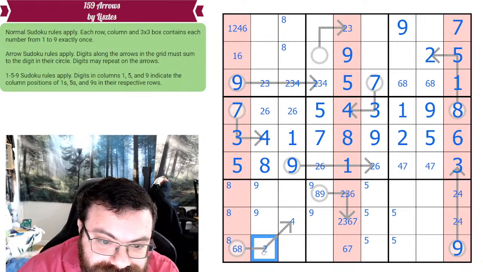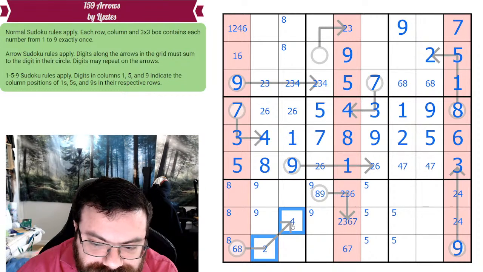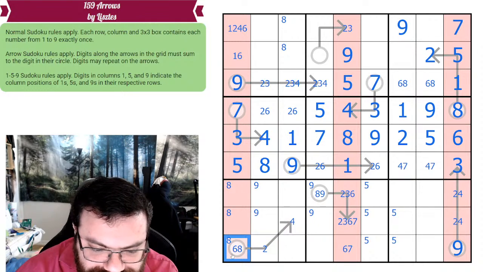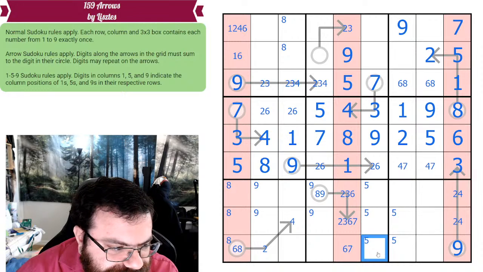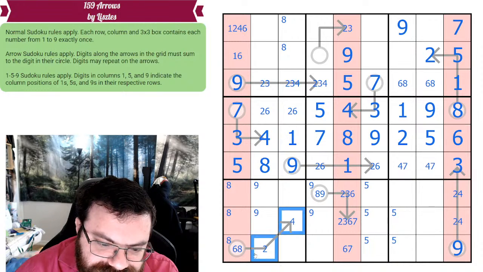We could do 2, 6. Let's see. Is there a problem with 2, 4, 6? Because that would make this 8 if. Six would put a 1 here. This arrow can't have a 1 on it.